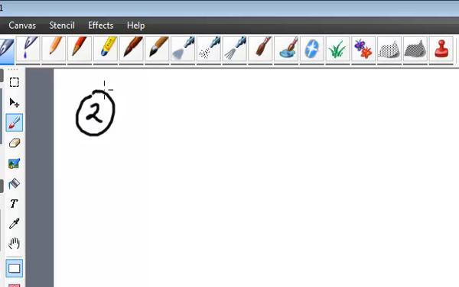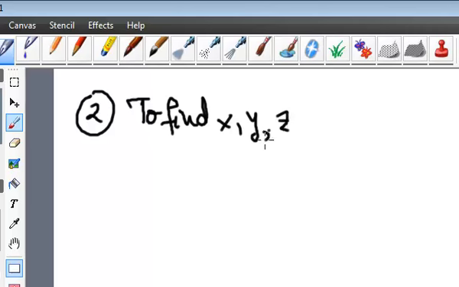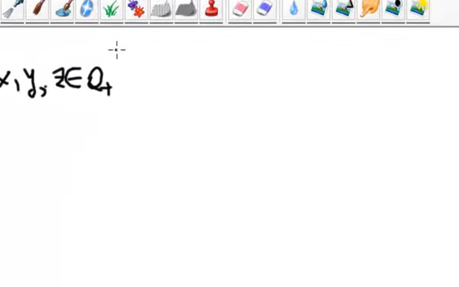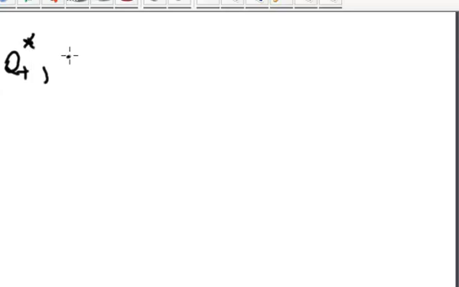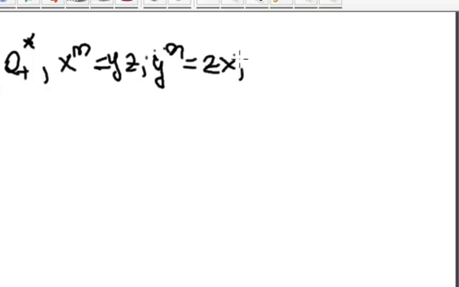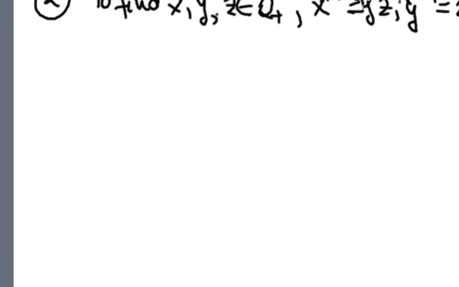Another type of problem is to find, for example, three numbers from the strictly positive rational numbers with the given relations, as here: x^n equals y times z, and also the symmetrical relations, where n is a positive integer.